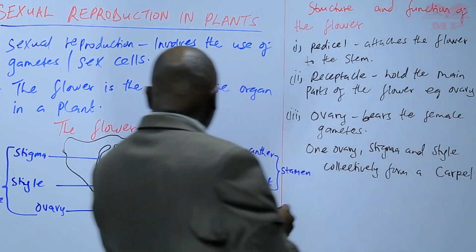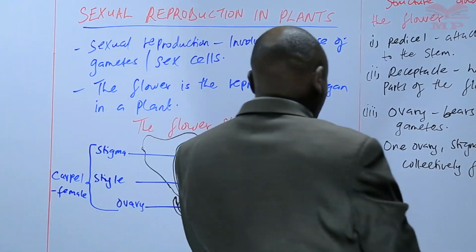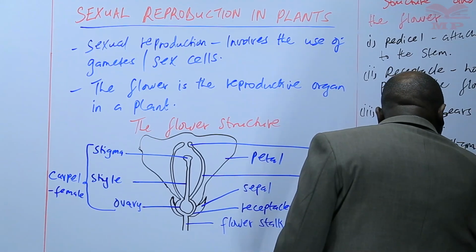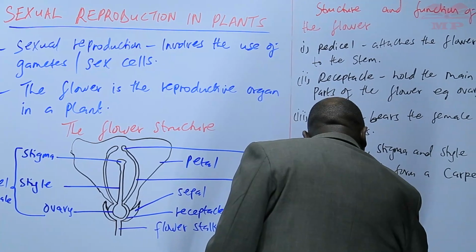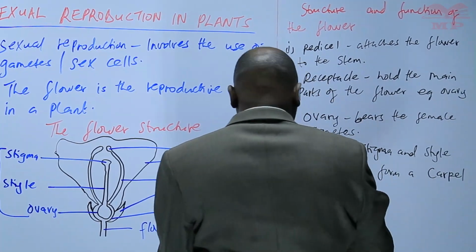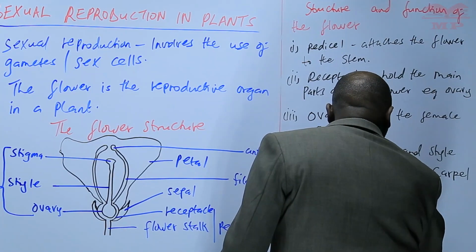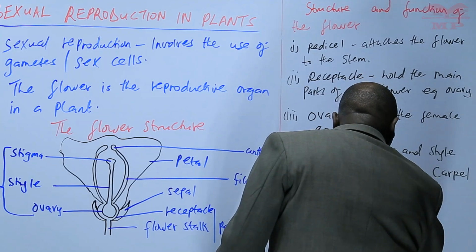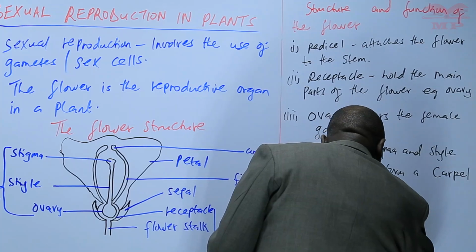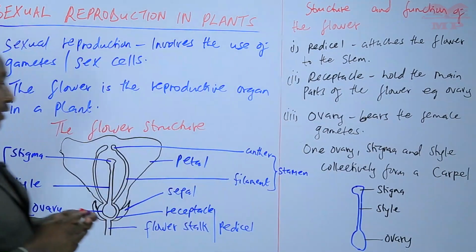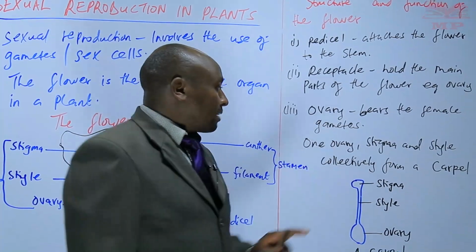And we can illustrate the carpel if we remove it from the flower and illustrate it somewhere outside. So we have the stigma, the style, and the ovary. And this is what we are calling a carpel. So the ovary is the main part here because it's the one that bears the female gametes.